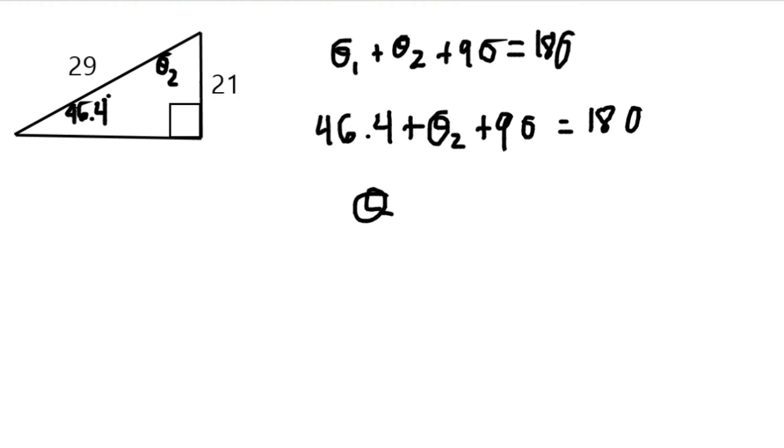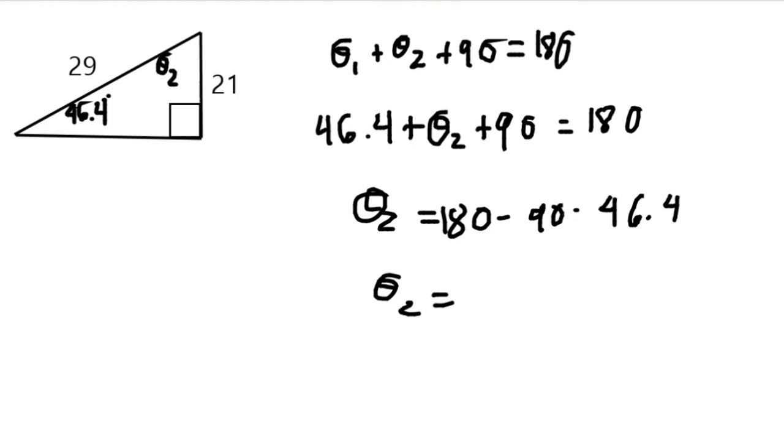We can move 46.4 and 90 to the right side of our equation. So what we got is 180 minus 90 minus 46.4. So now we got 43.6 degrees as our theta 2. So I'm just going to replace this with 43.6 degrees.